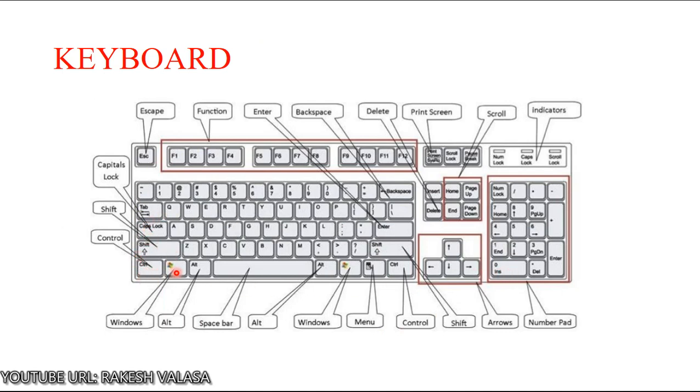Control button, Windows, alt, backspace, alt, Windows, menu, control, shift, arrows, number pad, indicators, scroll, print screen, this is delete, backspace. Here also this is the space bar, this is the backspace. These are the function keys. This is the escape button, this is caps lock, shift button, control. These are the different types of keys available in the keyboard.